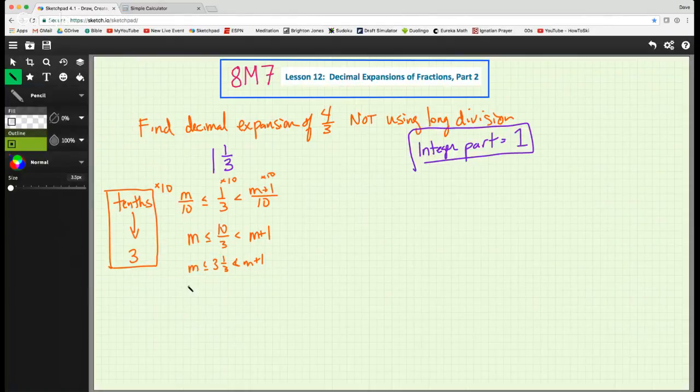Now we know that 3 over 10 plus m over 100, since we're looking for our hundredths digit, is less than or equal to 1/3, which is less than 3/10 plus m plus 1 over 100. So we're searching for our hundredths digit.